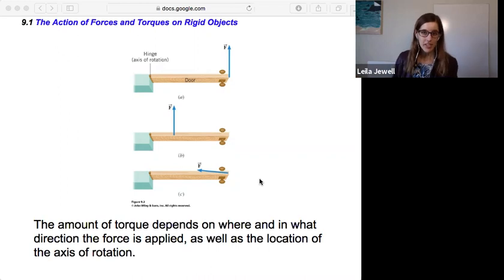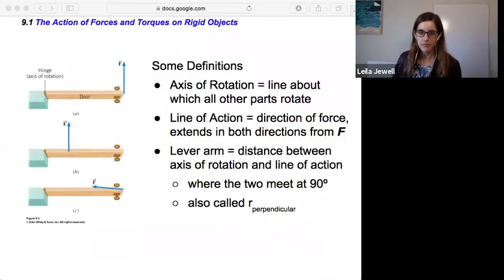Before we can get to our actual definition of torque, though, I want to highlight a few definitions that will help us to understand this. So first, the axis of rotation. Axis of rotation we first saw last chapter, and that's the line about which all other points rotate. So with the doorway, it's our hinge, right? That's a vertical line that the entire door is rotating about.